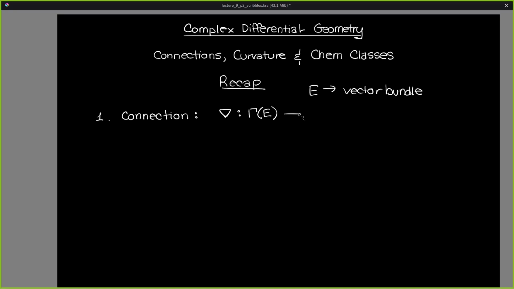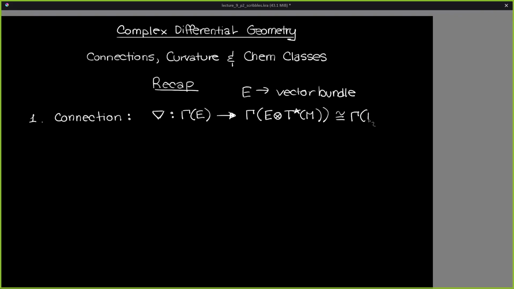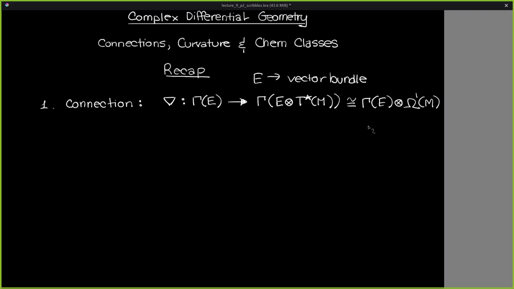So it took us from smooth sections on E to smooth sections on E tensored with the cotangent bundle, which is pretty much the same as saying smooth sections on E tensored with smooth one forms or differential one forms.